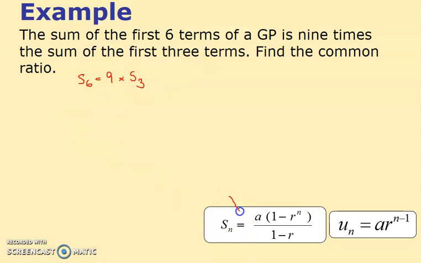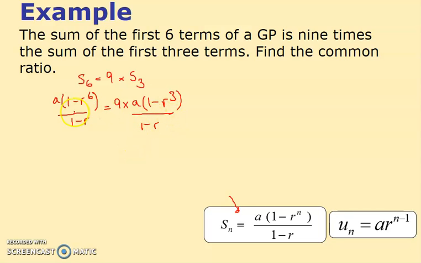Now, using this formula, I should be able to put that in. It wants a common ratio out of this. So A(1 minus r to the 6) over 1 minus r is 9 times A, and again I'm going to use the 1 minus r to the 3 over 1 minus r.